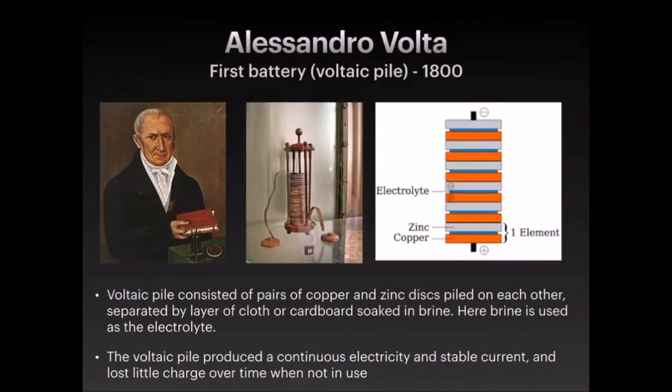This Voltaic pile consisted of pairs of copper and zinc discs piled on top of each other, separated by a layer of cloth or cardboard soaked in brine. So in the Voltaic pile, you can see piles of copper and zinc plates, piles of two different metals, with a paper or cloth dipped in brine solution which acted as an electrolyte.